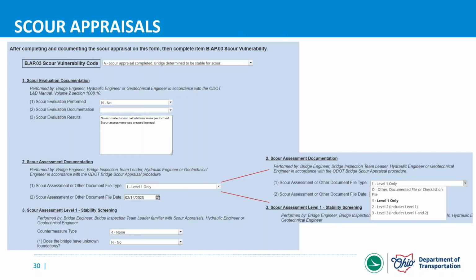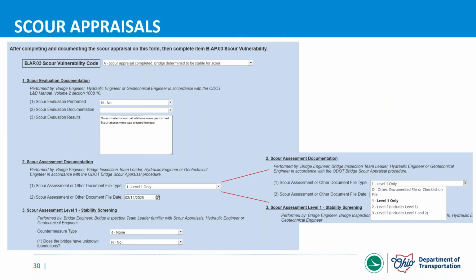In this drop down, you'll either code O if you have a previous documented assessment on file, so the old checklist prior to 2023, or you'll have level 1, level 2, or level 3 of the new assessment there.